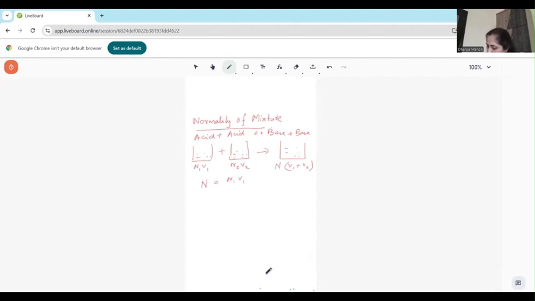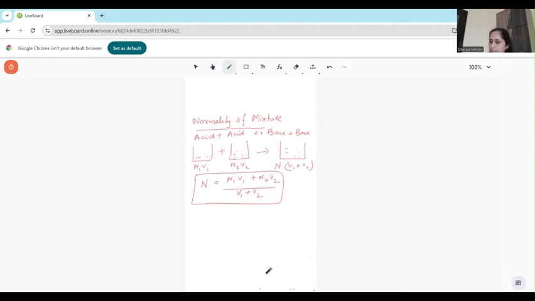This is how you find the normality of a mixture of two acids or a mixture of two bases. If a mixture of acids or bases is given and you are asked to find the normality, you will use this formula, where N1 and N2 are the normalities of the two acids. We can apply this to bases as well.